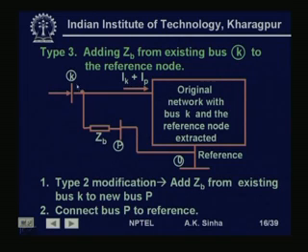So now this branch Zb is connecting the node k to the reference. This is what this type 3 modification is. So we do it in 2 steps. So type 2 modification, add Zb from existing bus k to new bus P, and then connect bus P to the reference. So let us see how we do that.